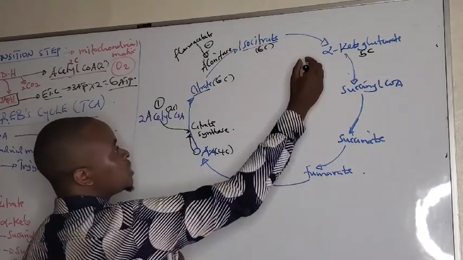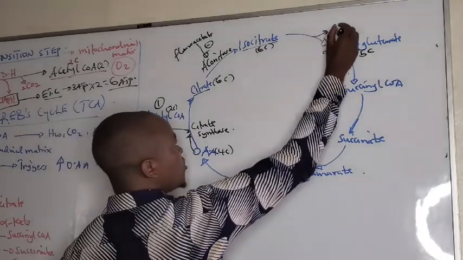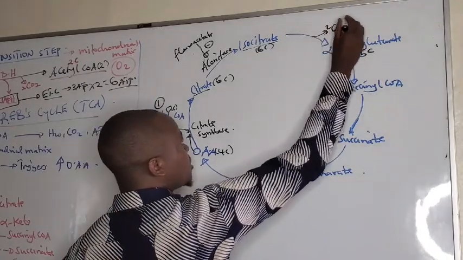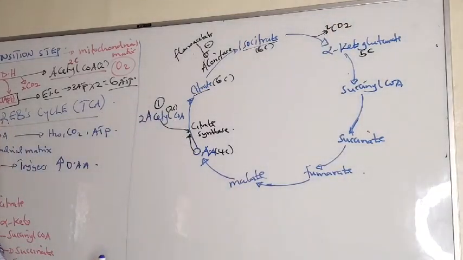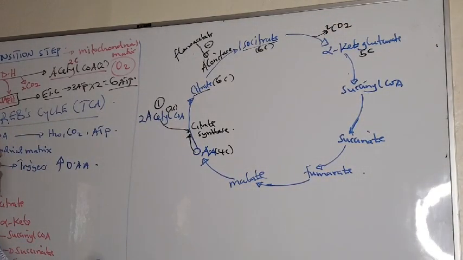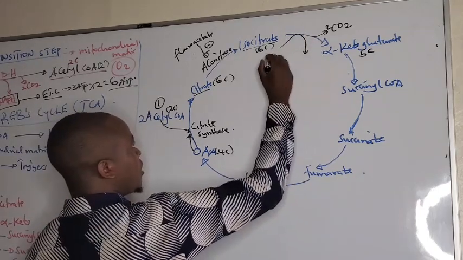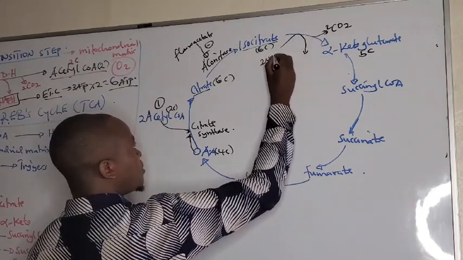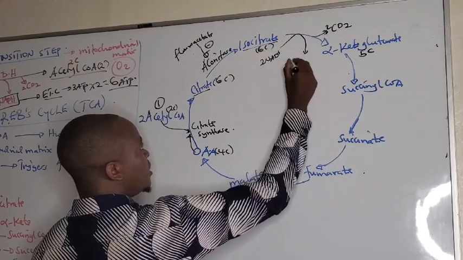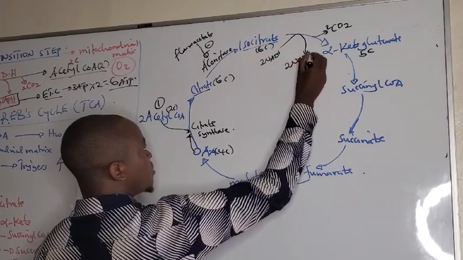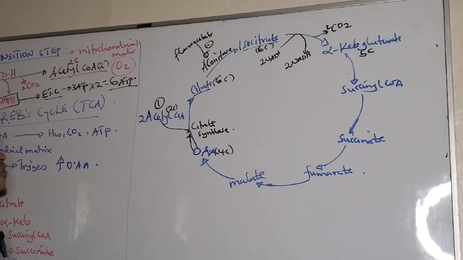And this carbon molecule is lost by a decarboxylation reaction, whereby we are losing carbon dioxide. That is decarboxylation. And here we are forming NADH, whereby NAD plus is reduced to NADH. And whenever I say NAD, I think of the dehydrogenase enzyme.